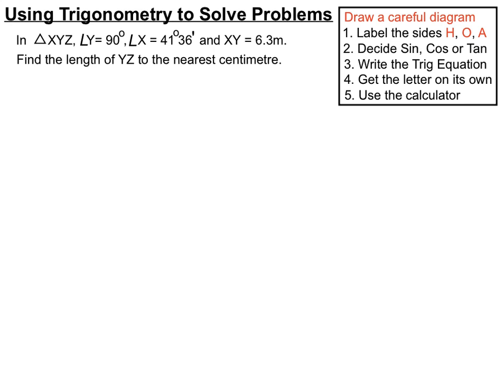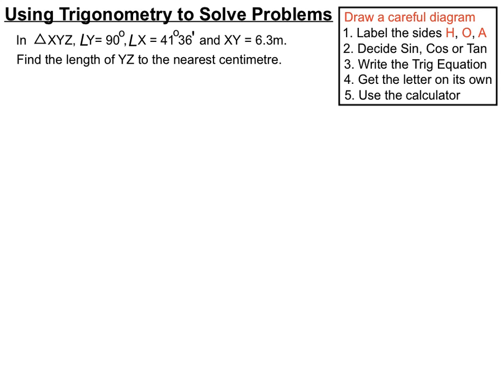That's our right angle. Angle X is 41 degrees 36 minutes, and they've given us the length of one of the sides, XY, is 6.3 meters. Our final request from the question is to find the length of YZ to the nearest centimeter. So let's see how we go about that.